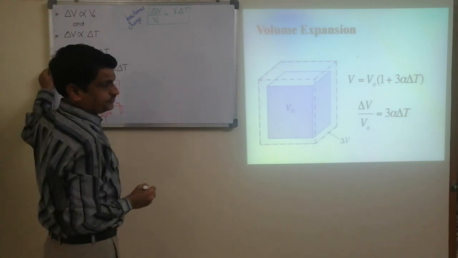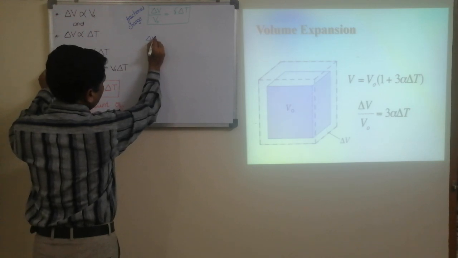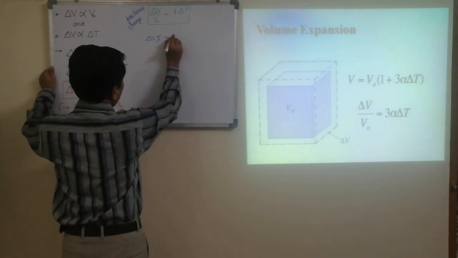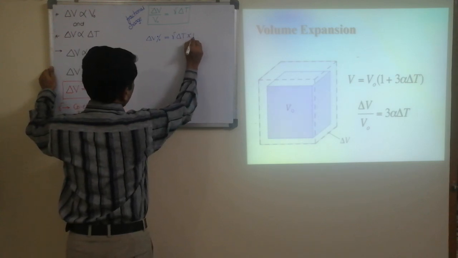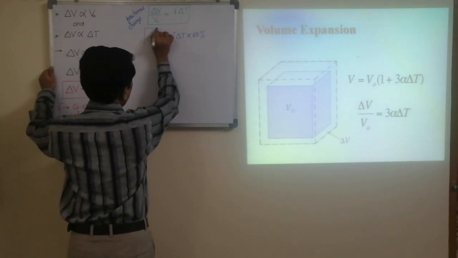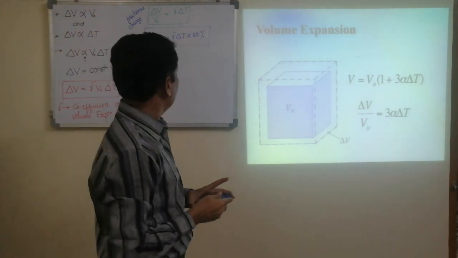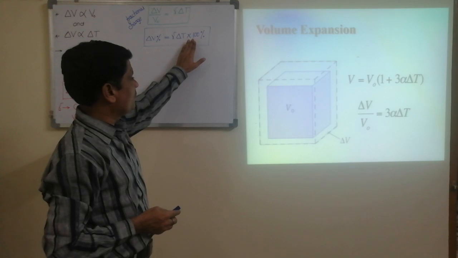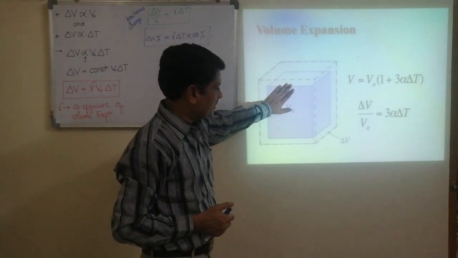Similarly, if I multiply this by 100, we get the percentage change in volume, equal to gamma into delta T. It means whenever we heat a body, the percentage increase in the volume is given by gamma into delta T. So this is a body.